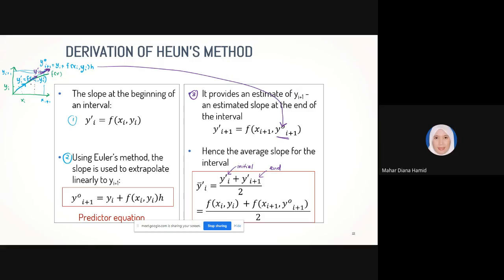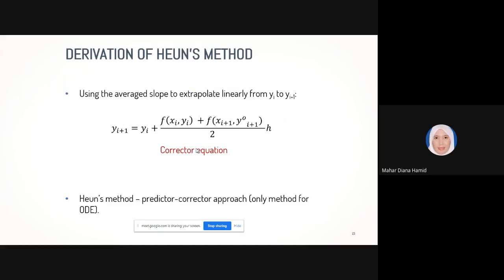So this is step number 4. In step number 4, we use that average slope to extrapolate linearly from yi to yi plus 1. And this equation we call the corrector equation.